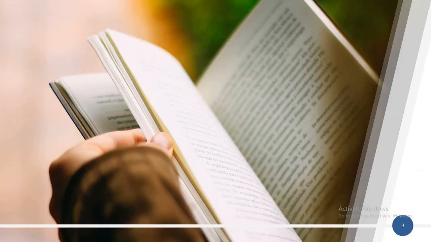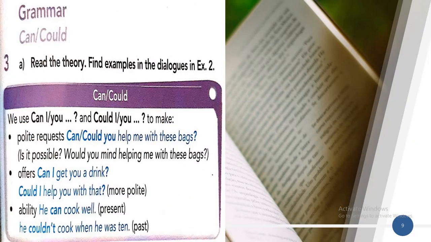Now, let's move to the table in your student's book, page 73. So, read the theory, and find examples in the dialogue in exercise 2. I have explained before the use of can and could. So let's read this chart for more understanding.